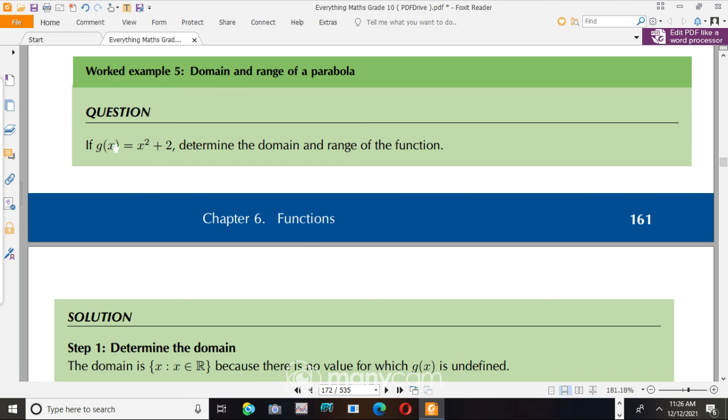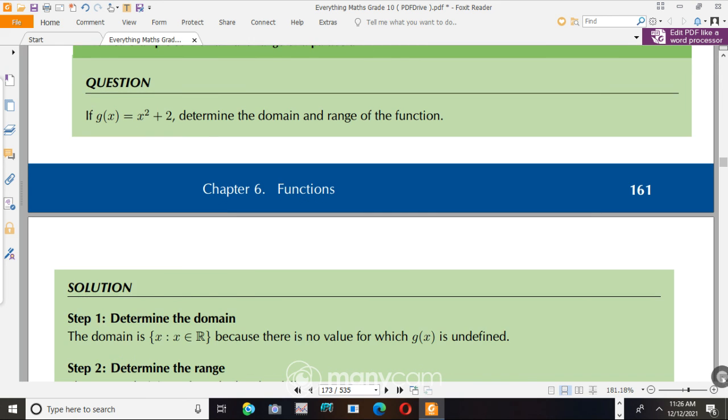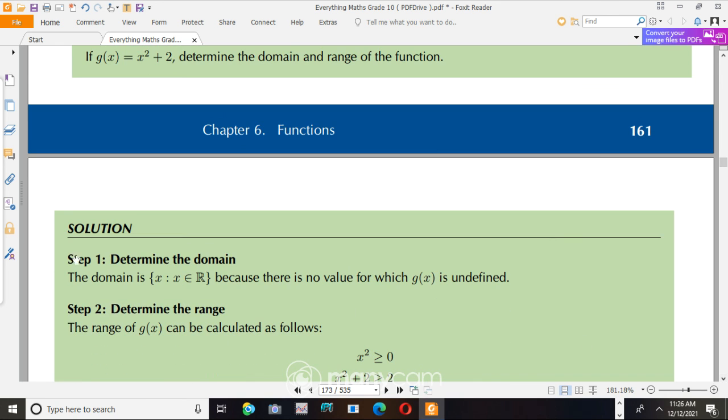Question: if g of x is equal to x squared plus 2, determine the domain and the range of the function. Okay, step 1 of the solution: determine the domain. The domain is simply x is an element of the set of real numbers, because there is no value for which g of x is undefined. Determine the range.